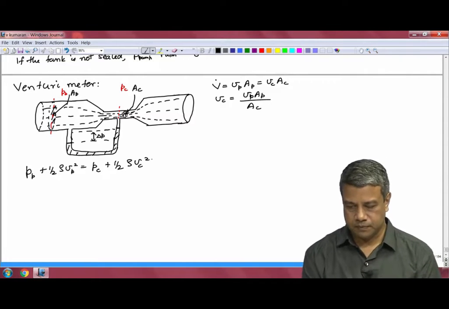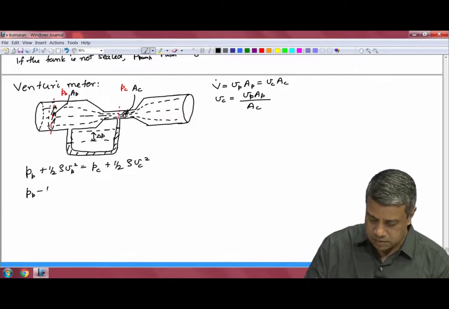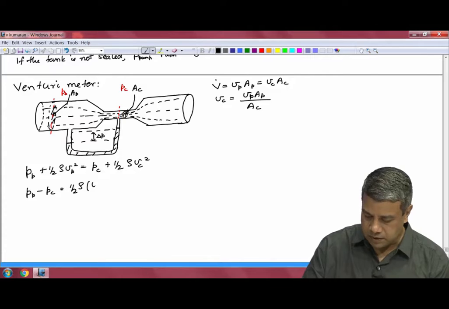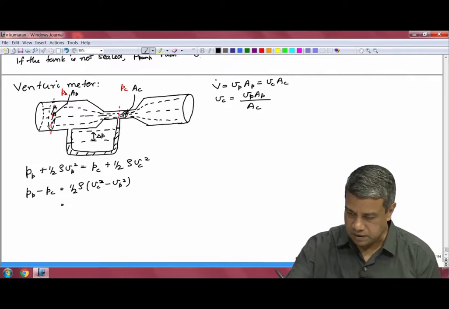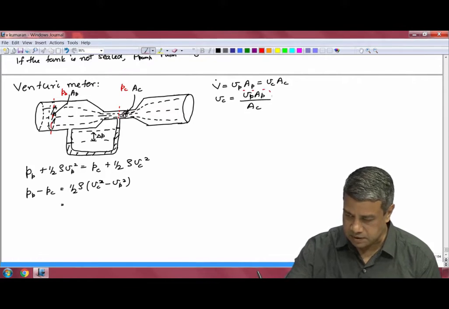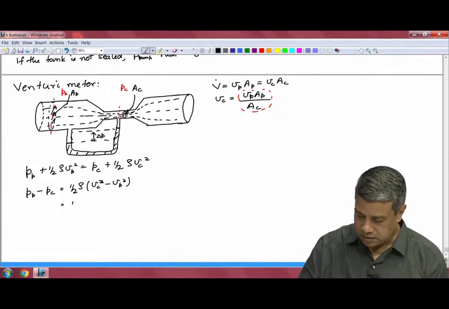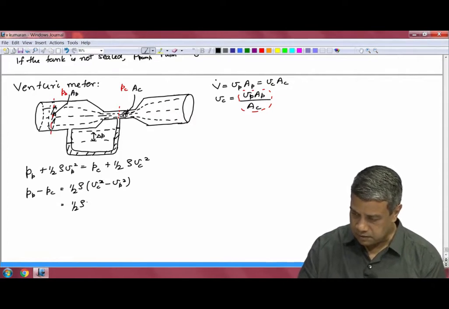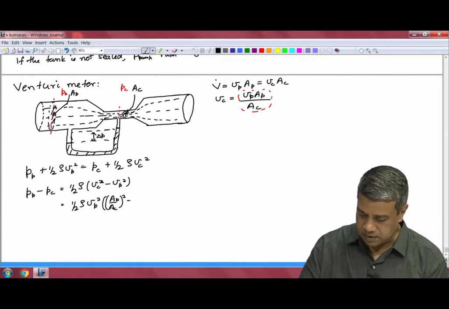So the pressure difference is half rho into V contraction square minus V pipe square. And I can substitute for the velocity in the contraction. So, this is going to be equal to half rho into V pipe square into A pipe by A contraction the whole square minus 1.